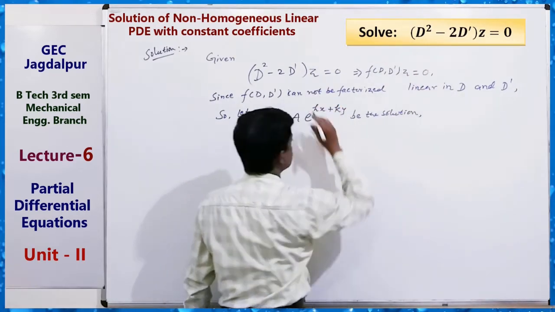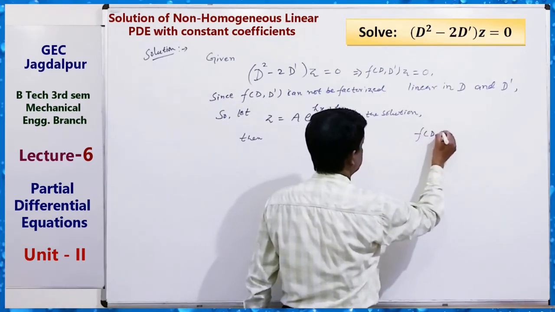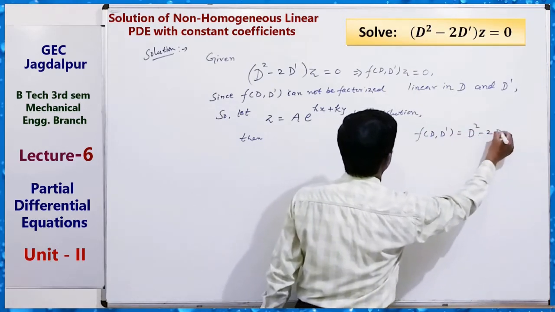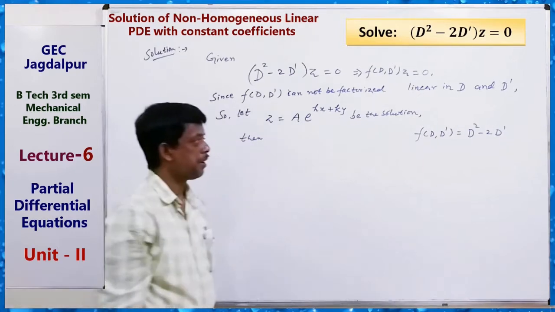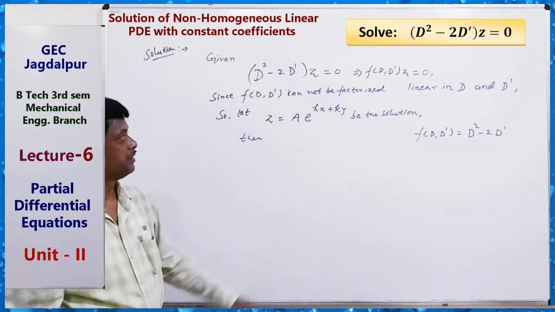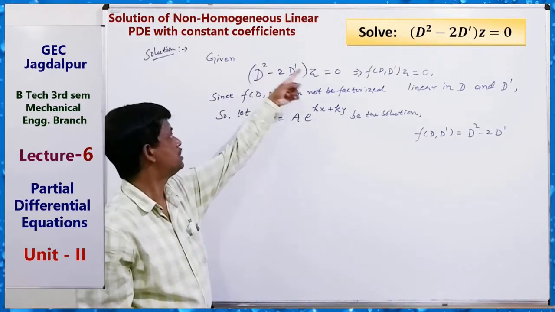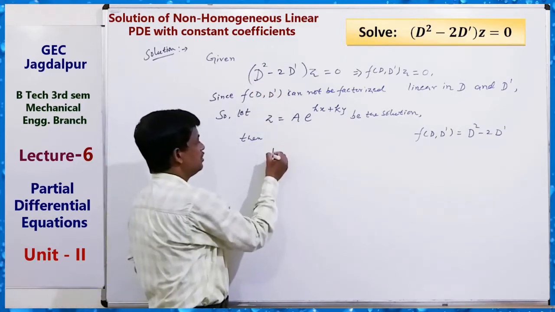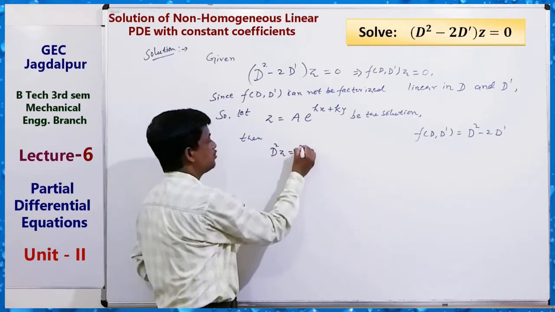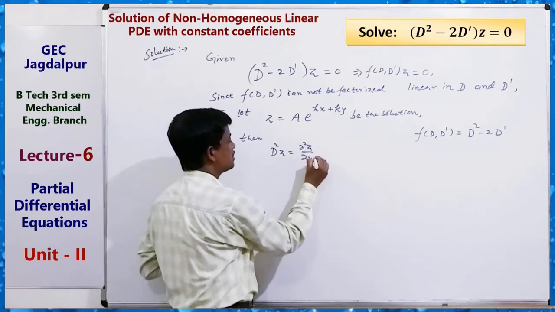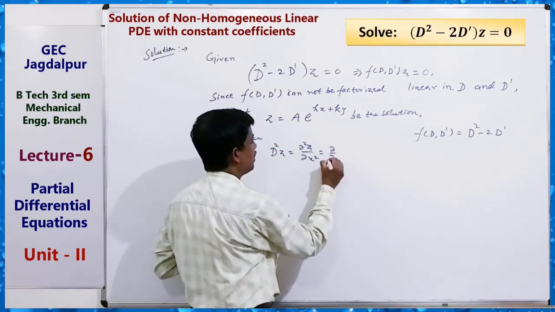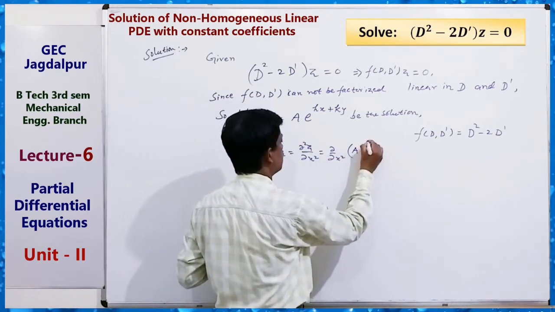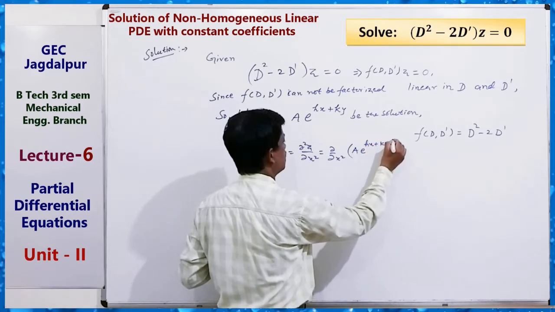Here f(D, D dash) equals to what? D square minus 2D dash. Clear? D square Z means del 2Z by del x square, that is del by del x square of a e to the power hx plus ky.